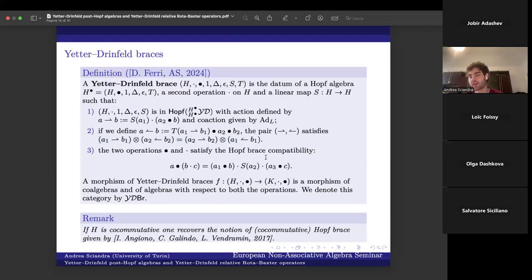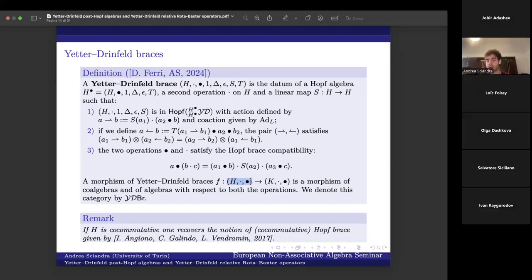And a morphism of Drinfeld braces is just a morphism of coalgebras. The coalgebra structure of a Drinfeld brace is unique, is one, while you have two algebra structures. In fact, you require also that F is a morphism of algebras with respect to both the operations.